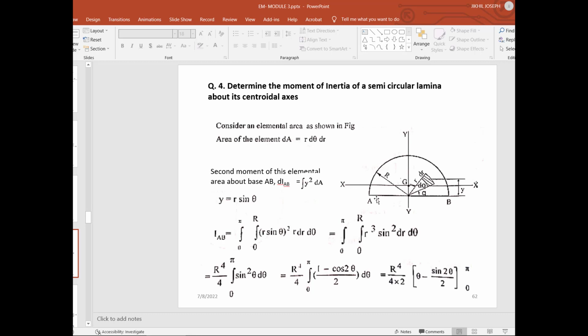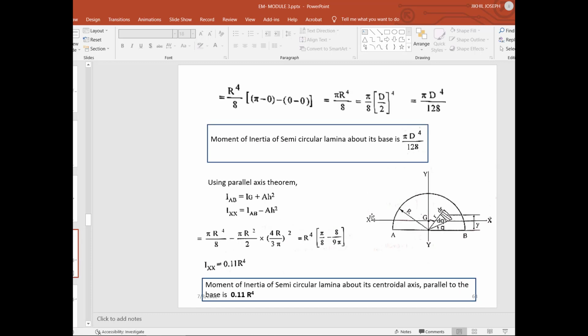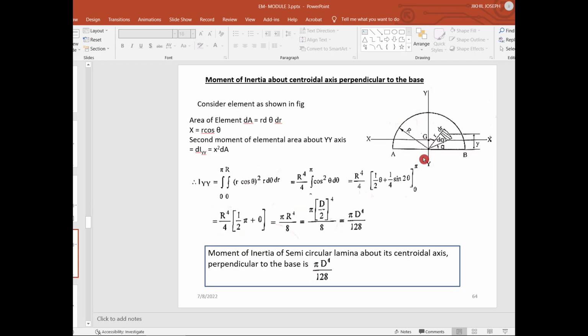Determine the moment of inertia of a semicircular lamina about the centroidal axis. Same derivations, you could follow this, and you will find that Ixx is equal to 0.11 into r raised to 4. And the moment of inertia of a semicircular lamina about the base is obtained as pi into d raised to 4 by 128.